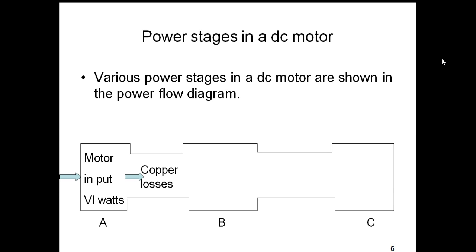After that, the remaining power will drive the armature, and it is the product of EB and IA.